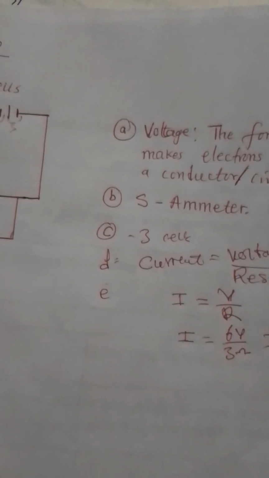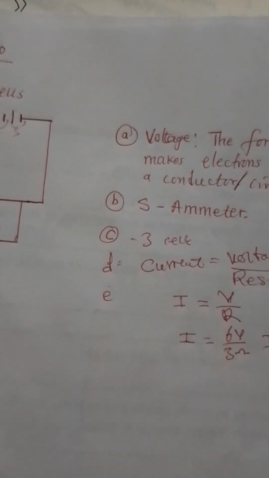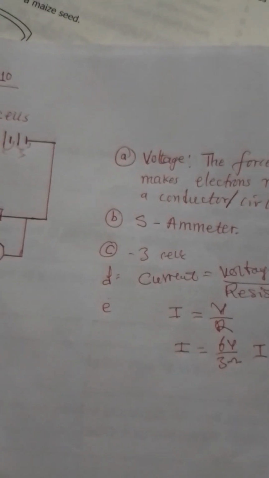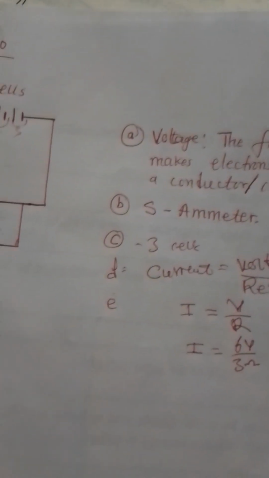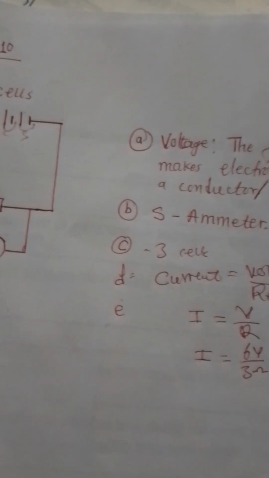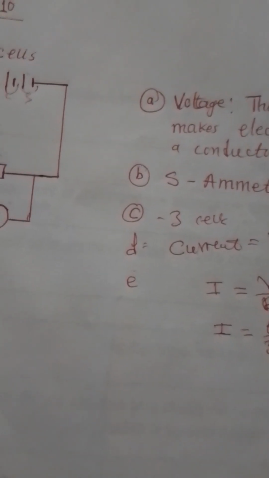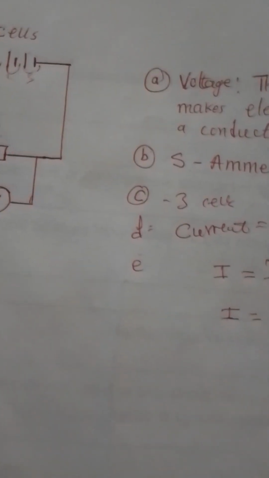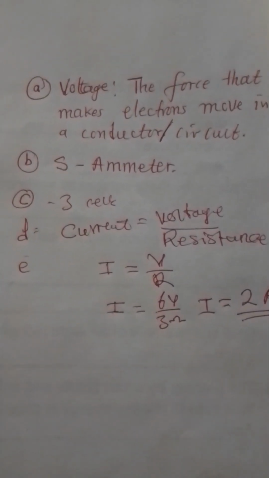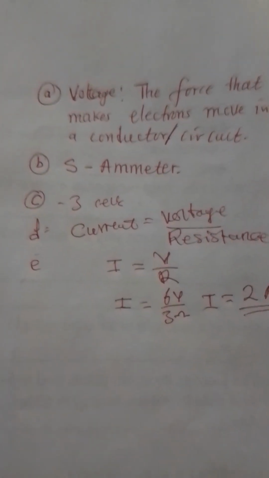Question E, what would happen to the reading at S if voltage is doubled at R, and R remains the same? So if we maintain the resistance, what will happen to the instrument S? What will happen to current, in other words? So you double the voltage, you also double the current. That's what will happen.